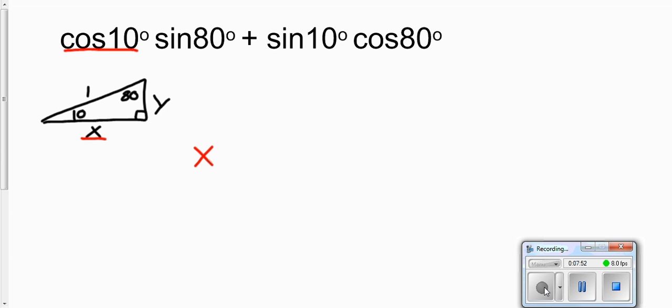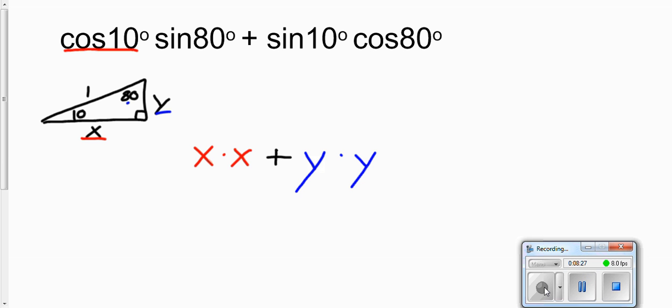So that is x, because we're talking about the same side, just different reference angles. Now sine of 10 degrees is going to be our y, and the cosine of 80 degrees, the adjacent side, is also y.